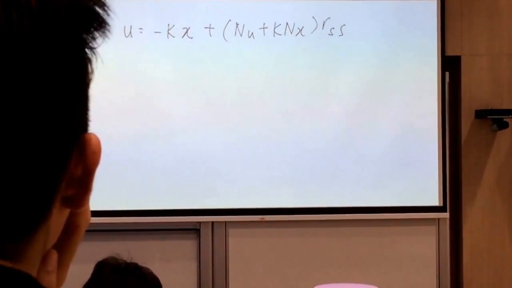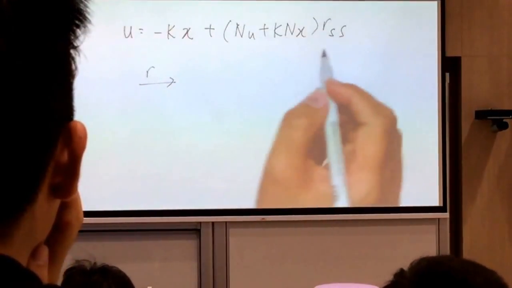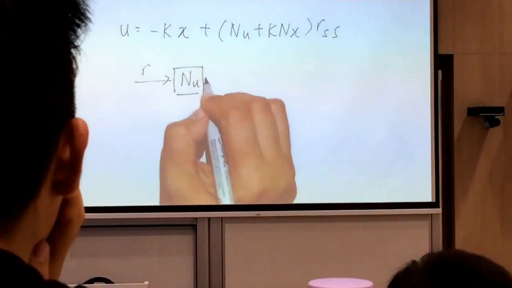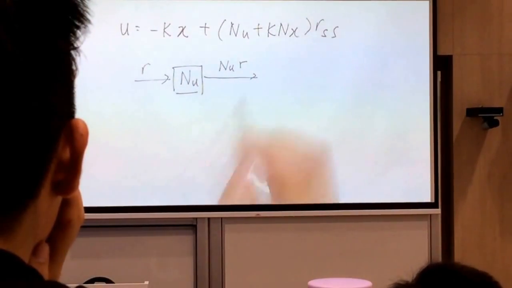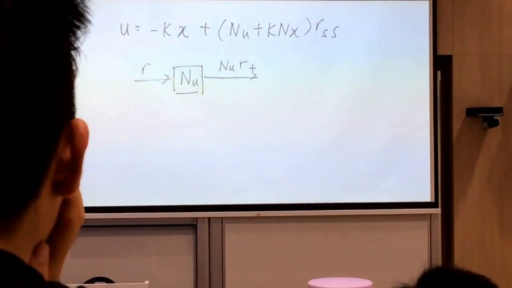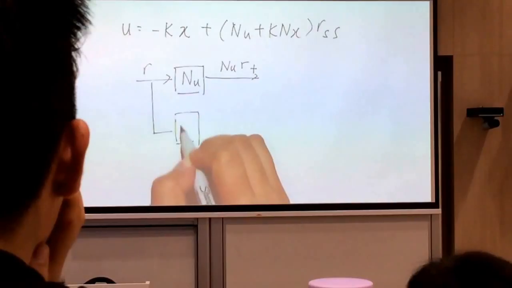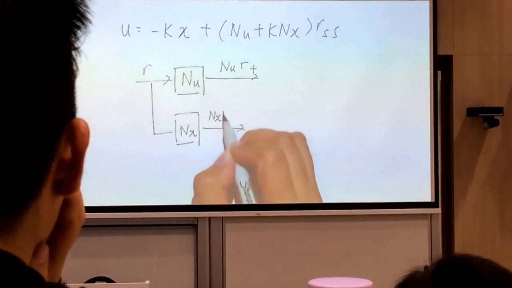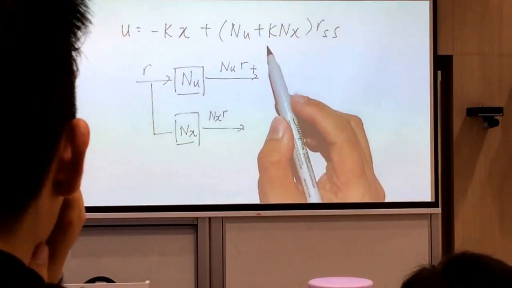Right? So your input r, times Nu, this will give you Nur. Positive sign. Take r times Nx. This will give you Nxr. Yeah? And then you need times k, right?